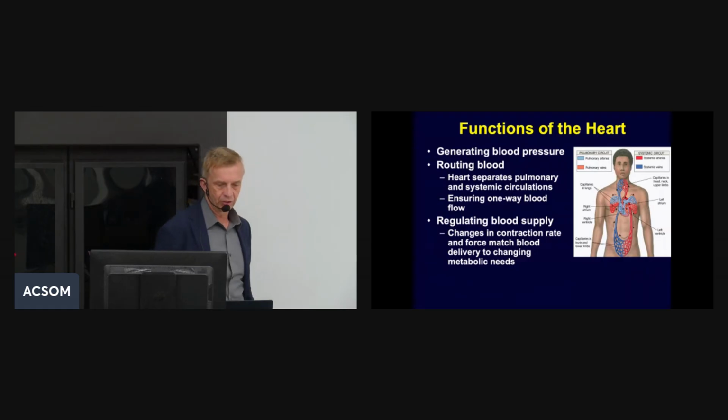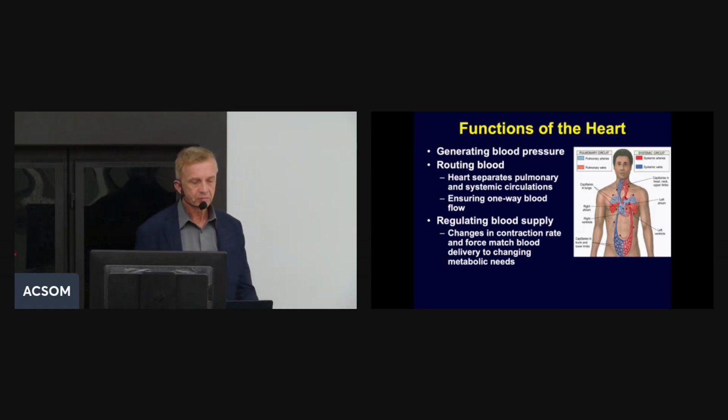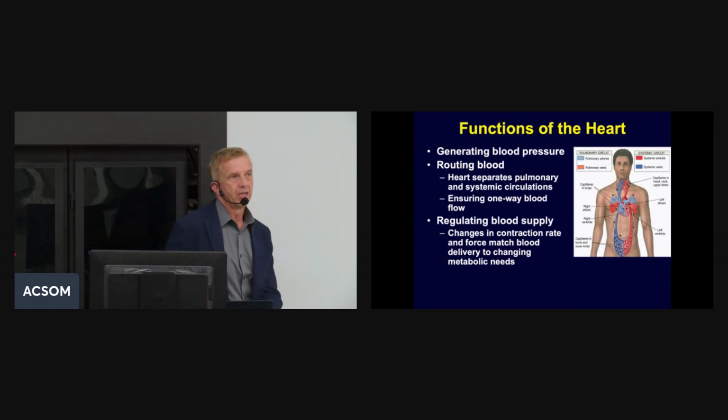As I mentioned, the heart separates the pulmonary and systemic circulation. Changes in the rate, which we talked about, bradycardia versus tachycardia, and the force of contraction, contractility, change based on the need of the body in terms of delivering either more or less cardiac output to the tissue.